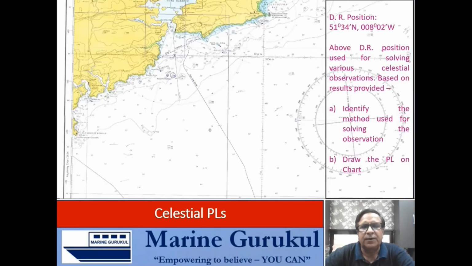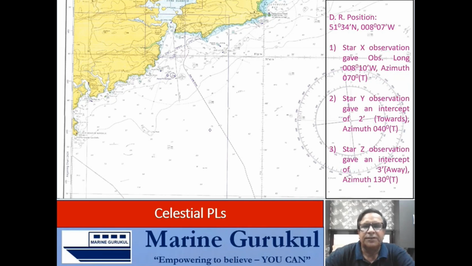DR position 51 degrees 34 minutes north, 008 degrees 02 minutes west. The above DR position is used for solving various celestial observations. Based on the results provided, we need to identify the method used for solving the observation and then accordingly draw the PL on the chart.